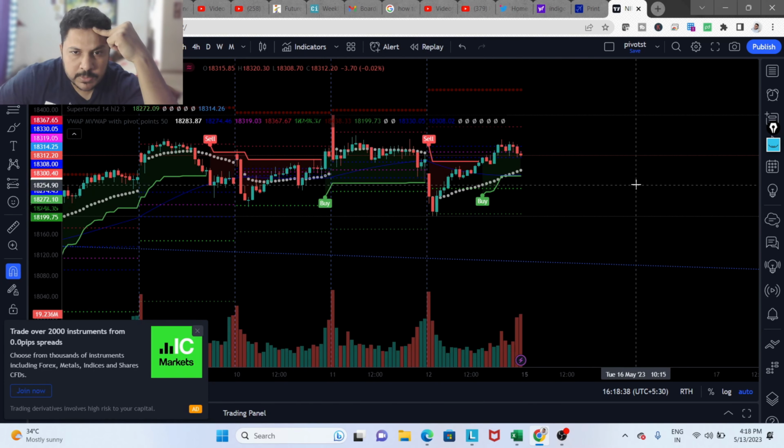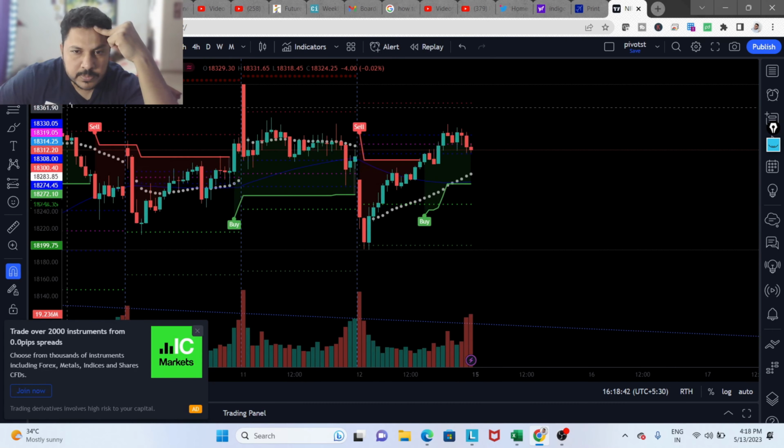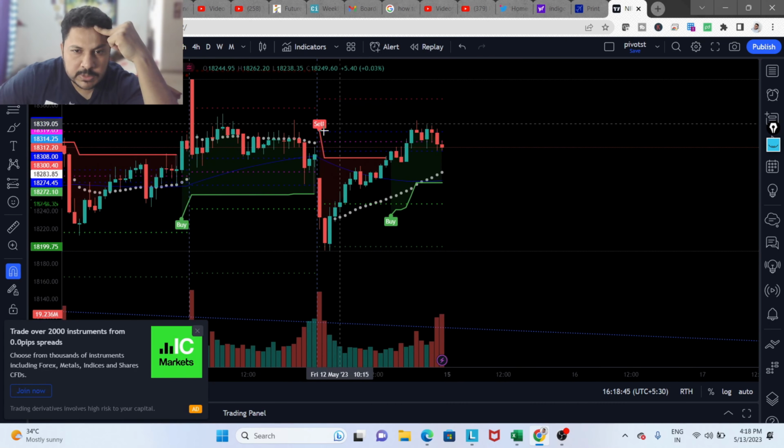Okay, let's see how it looks. So this is our CPR, central pivot range.